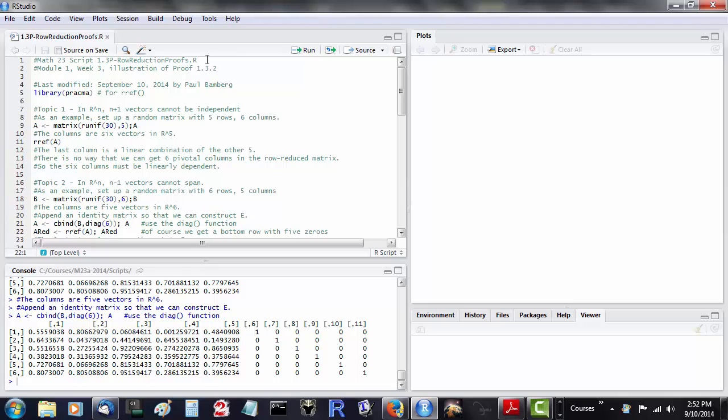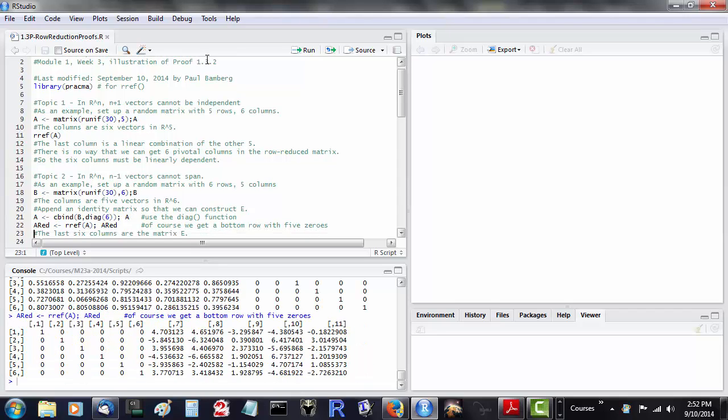I row reduce this into Ared. That's not a famous home run hitting baseball player, but rather a reduced A matrix. And it's not too surprising that we get 6 pivotal columns plus a bunch of non-pivotal columns.